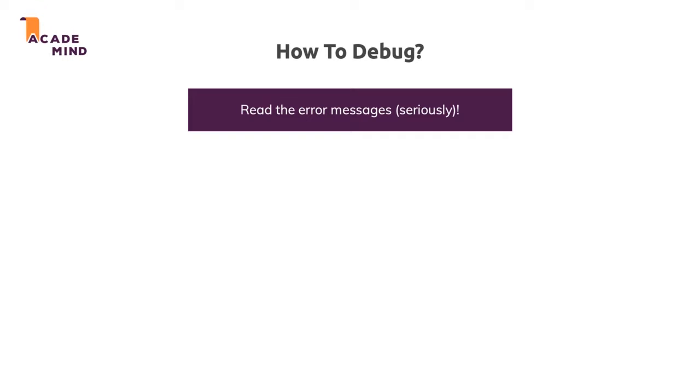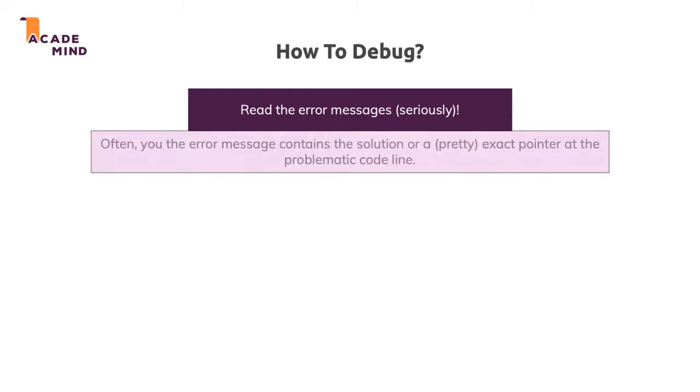And sometimes errors can be really hard to debug or to understand, or you need some experience to find out what exactly went wrong. But to be very honest, often error messages are really clear regarding what went wrong or even contain a solution regarding how you may fix the error. And last but not least, simply taking an error message and Googling it also often gets you very far because chances are you're not the first one who's getting it.